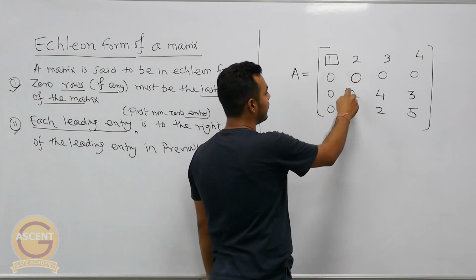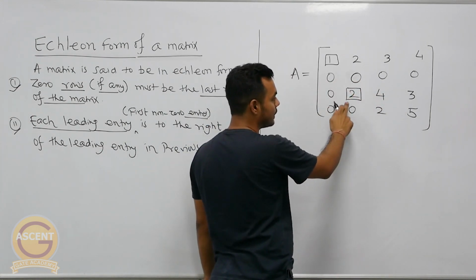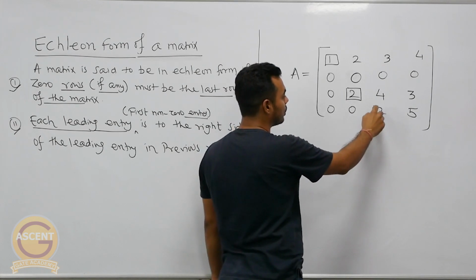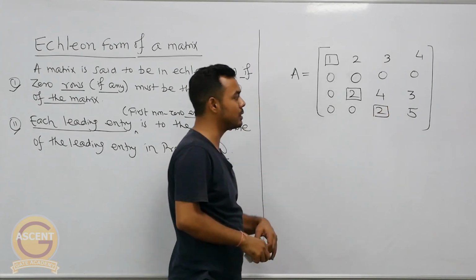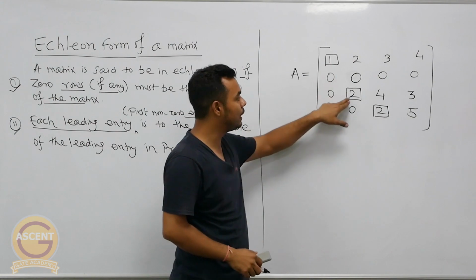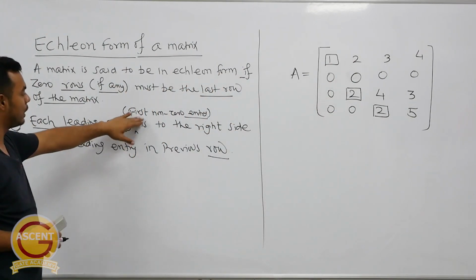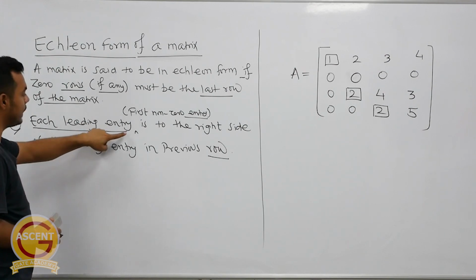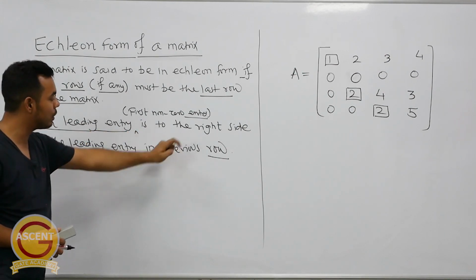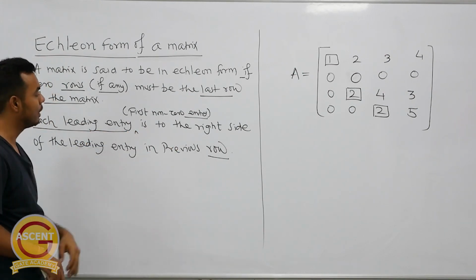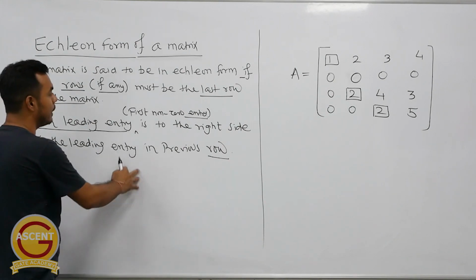In R3 this entry is the first non-zero entry, so this is leading entry. And in fourth row this 2 is the first non-zero entry, and therefore these are the leading entries in different rows. So leading entry simply means first non-zero entry. The definition is each leading entry is to the right side of the leading entry in previous row. So we'll understand the meaning of this.